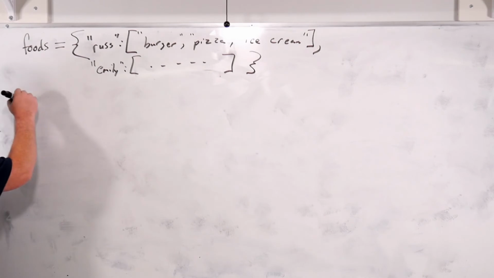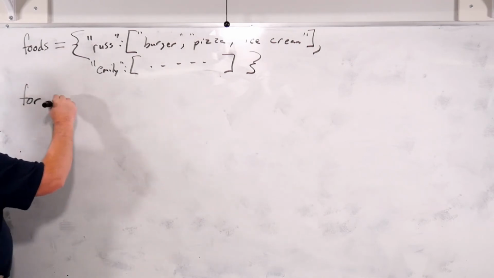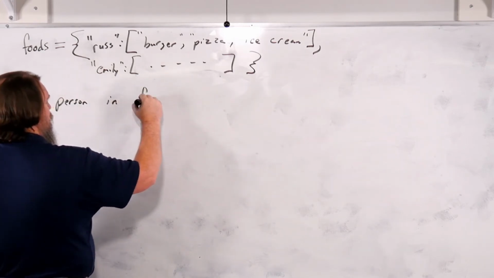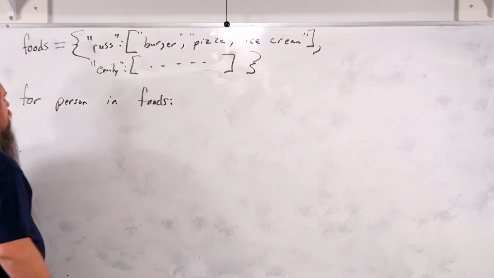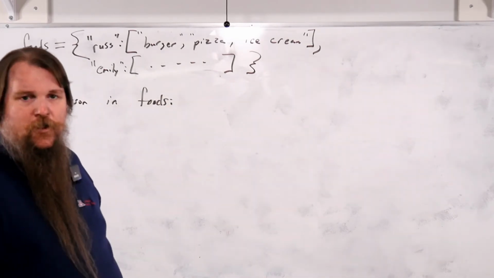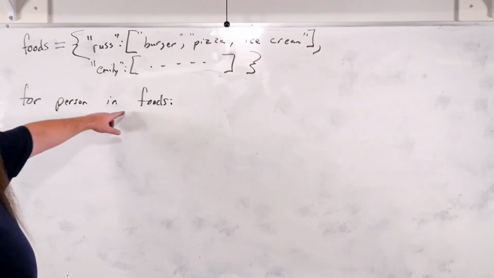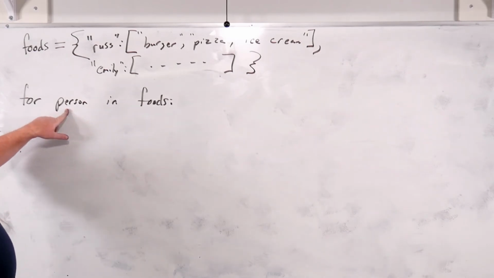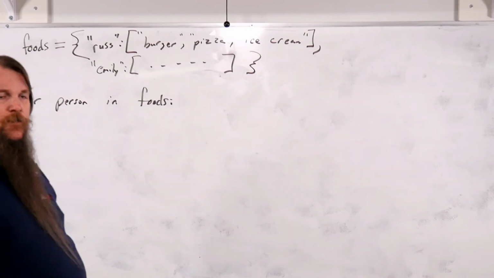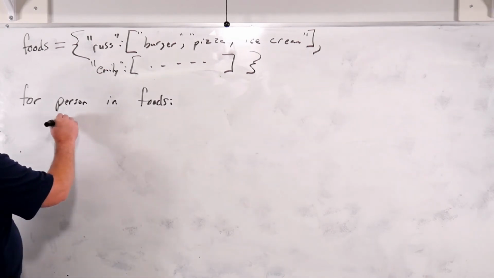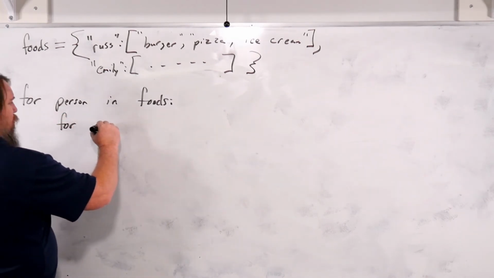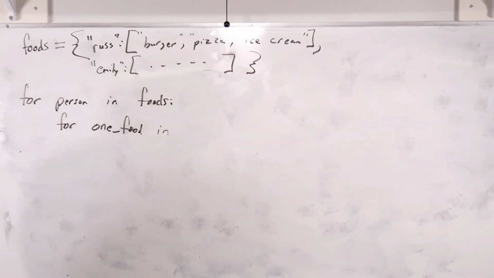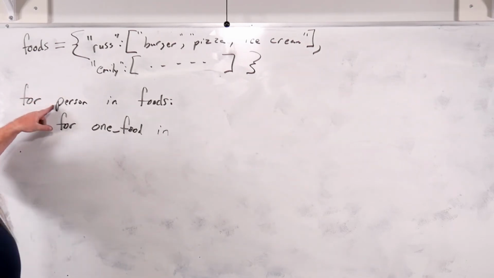Let's build a loop. For person in foods. All right, foods is a dictionary. What happens when you do a for loop over a dictionary? It iterates over the keys. That's why I said the value here is going to be person. All right. For one food in, what's the list of foods for this person?